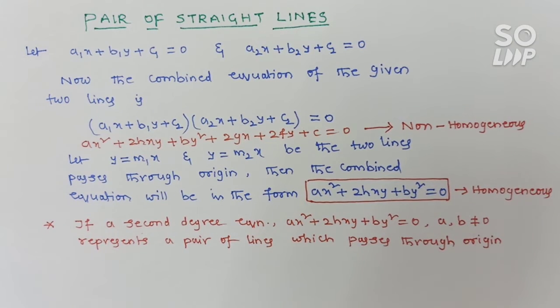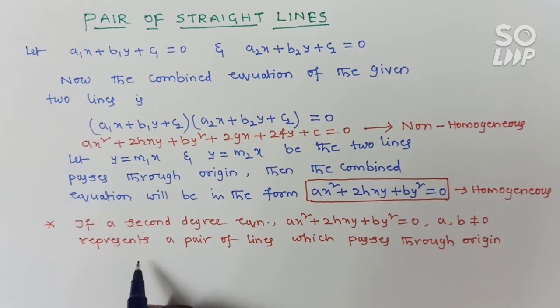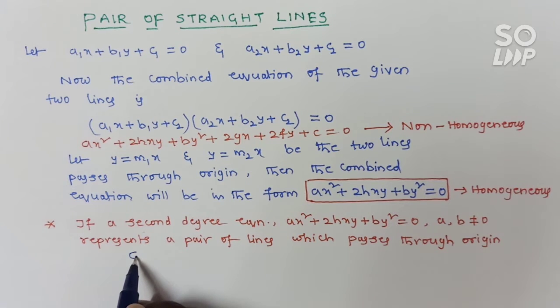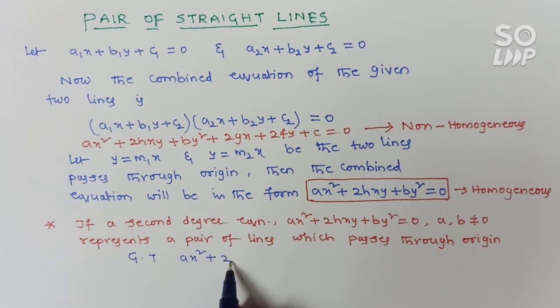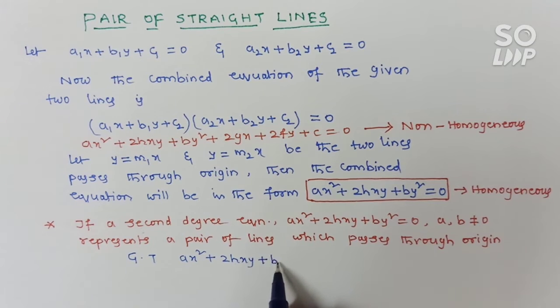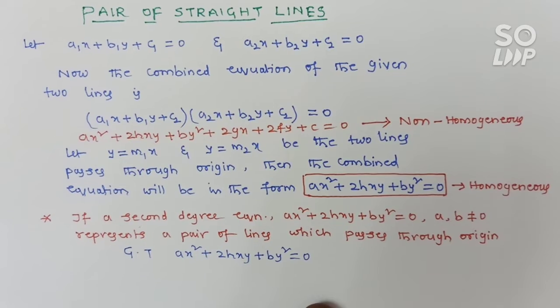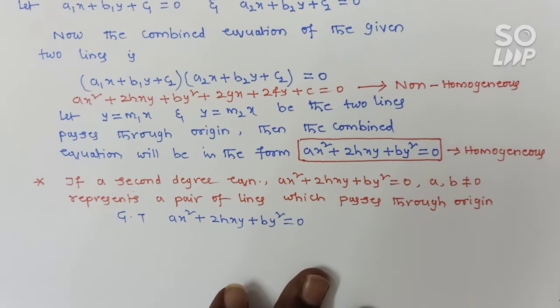So how can we prove this? First of all, take the given equation a into x square plus 2h into xy plus b into y square is equal to 0.